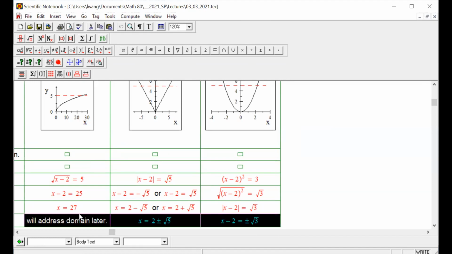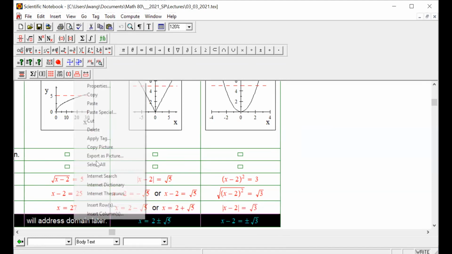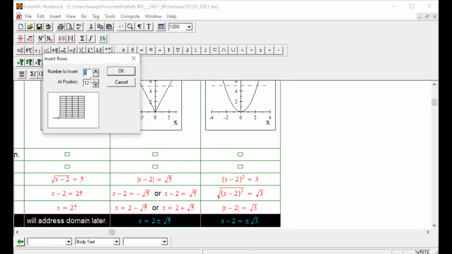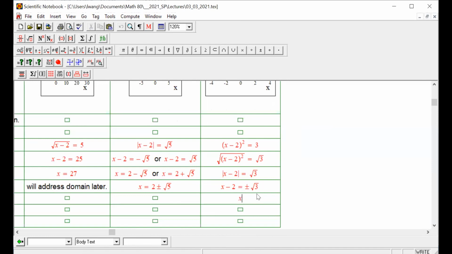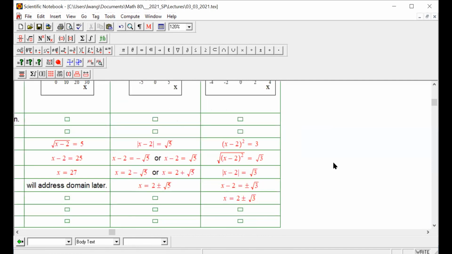And in the end, you can write x equals 2 plus or minus square root of 3.